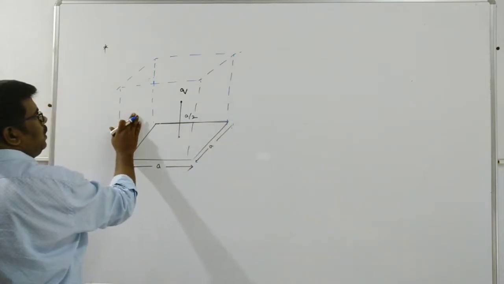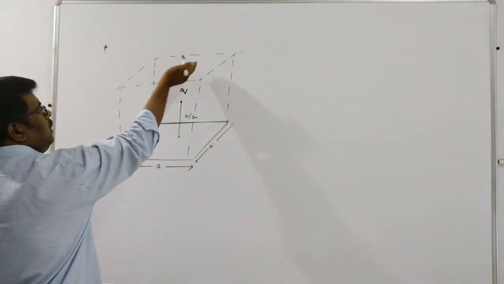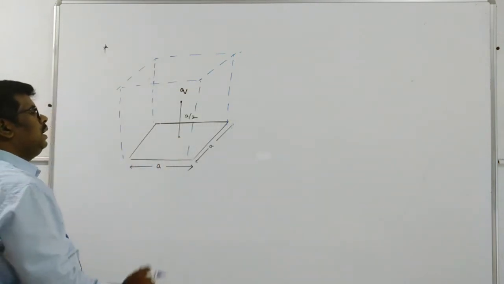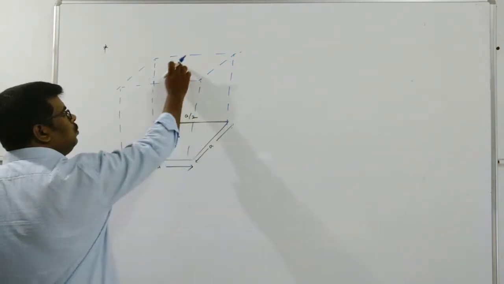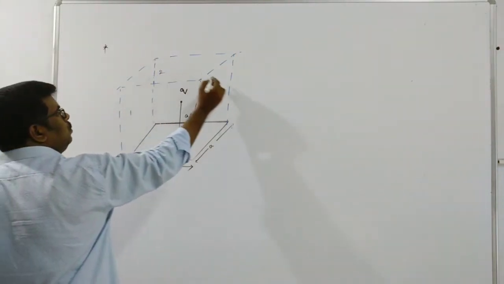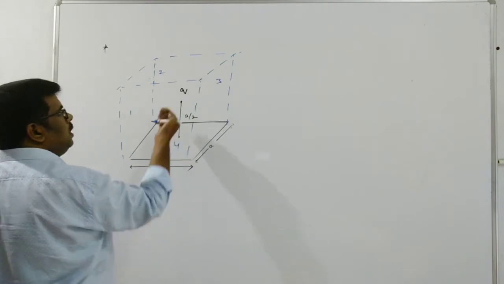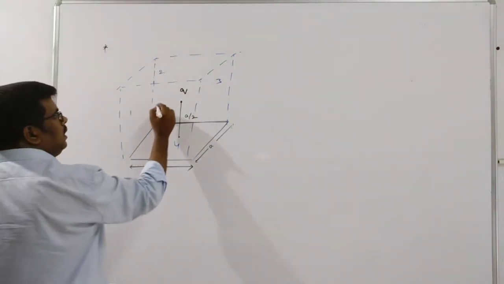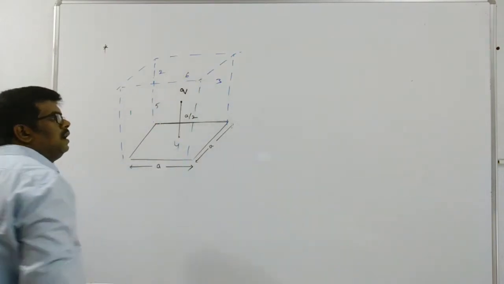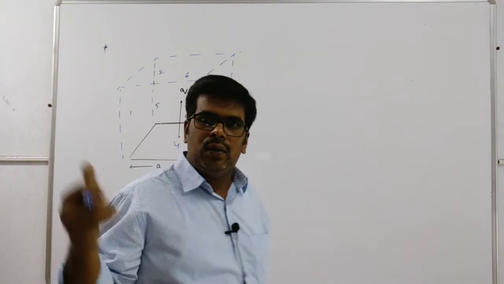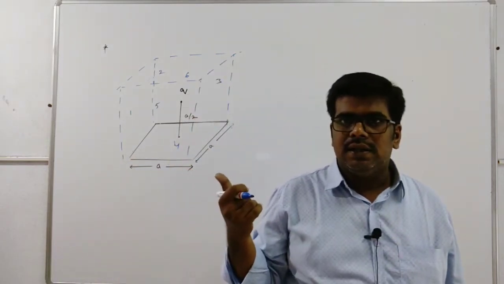So 1, 2, 3, 4, front 5, back side 6. Totally, 6 such symmetrical surfaces are required to enclose this charge.